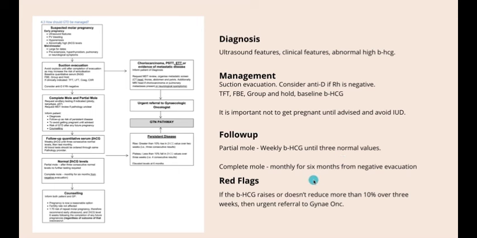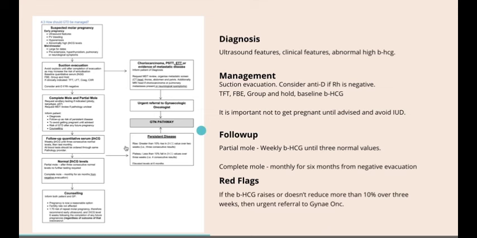Now, the problem, as we've talked about before, is if these molar pregnancies do not go away after treatment and they become invasive or persistent disease, then this is a red flag. So a red flag would be that if you've had the dilatation and curettage and it's been removed, then if your beta-HCG doesn't keep dropping or it stays at the same level, then it needs to be referred urgently to gynae-onc for consideration.